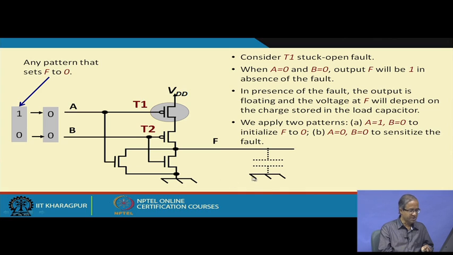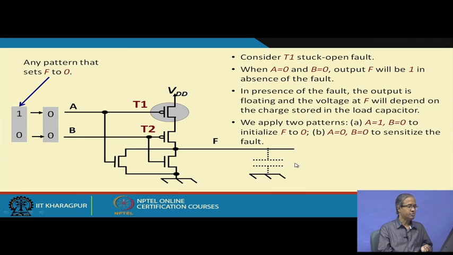So, to circumvent this problem, what do we do? We additionally apply another vector in the beginning, 1 0. The target is to set the output at a known state, the reverse of this. I want to discharge the capacitor. So, if I apply 1 0, then my pull down network will be on, the capacitor will get discharged via this path, output will be 0.